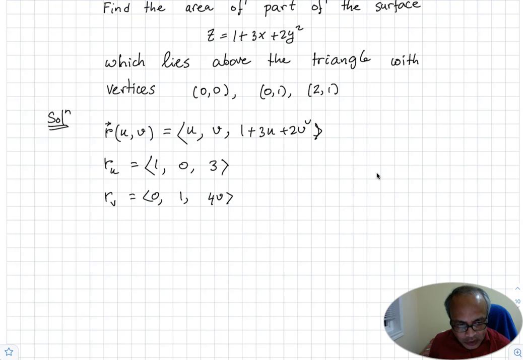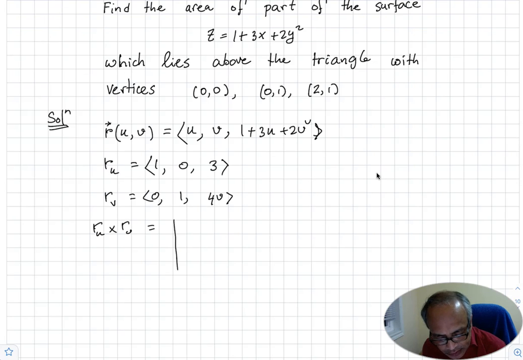If we take the cross product of those two tangents, the cross product will be a vector normal to the surface. So I can get a normal to the surface without looking at the gradient. I can just take the cross product r sub u cross r sub v.